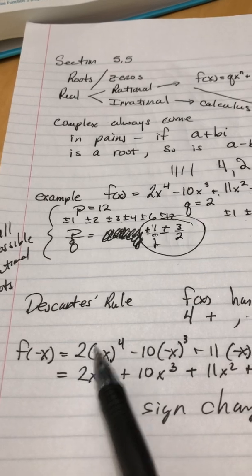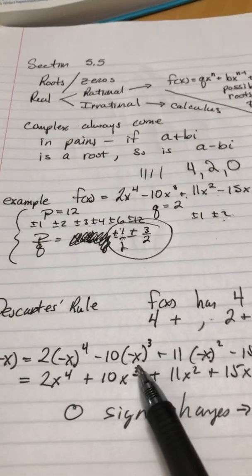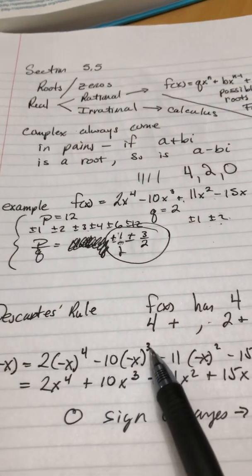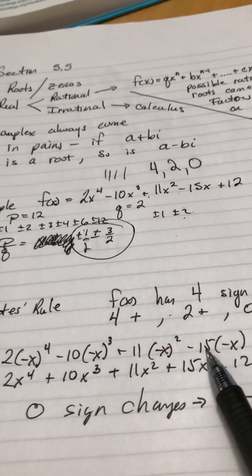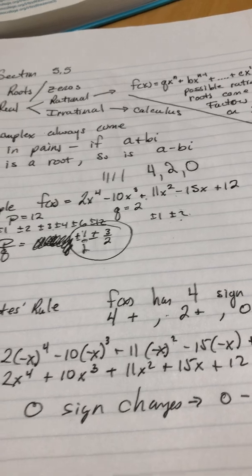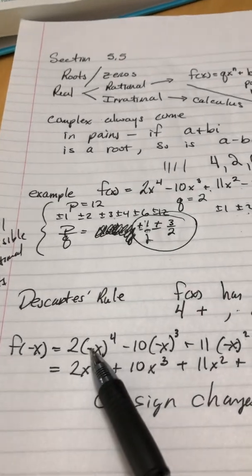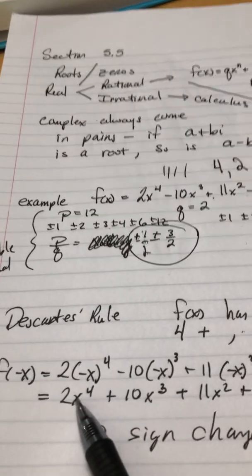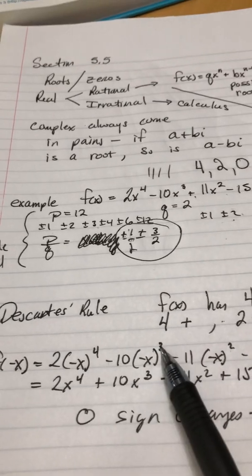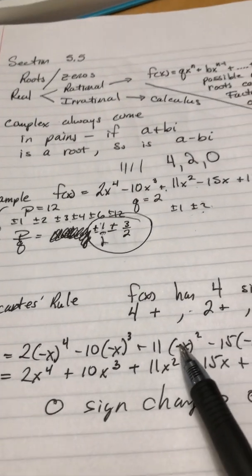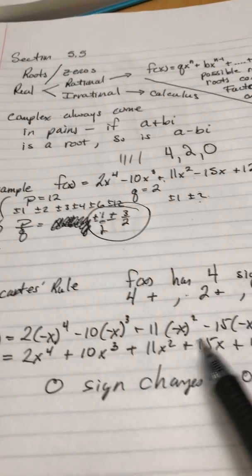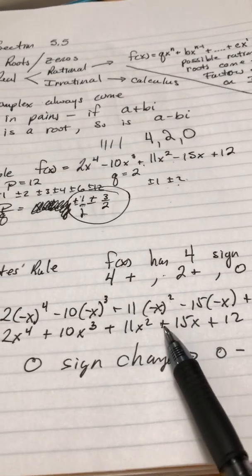So you have 2 times negative x to the 4th, negative 10 times negative x to the 3rd, negative 11 times negative x to the 2nd, negative 15 times negative x to the 1st, plus 12. Negative to the 4th is just positive. Negative to the 3rd is a negative, so a negative times a negative is a positive. Negative squared is a positive, and a negative comes out to the negative, making it a positive.